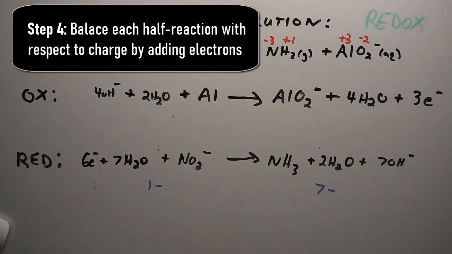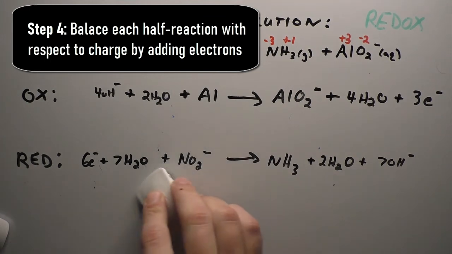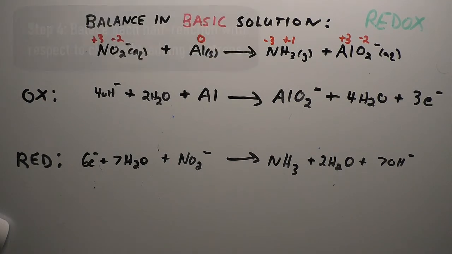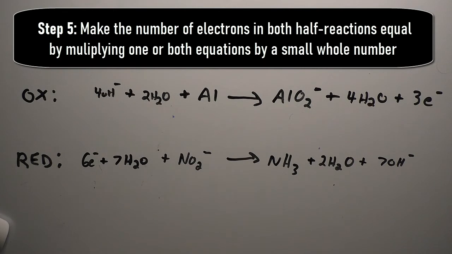So now both half reactions are balanced with respect to charge. So we're moving on to step 5. Now step 5 is to make the number of electrons in both half reactions equal by multiplying one or both of the half reactions by a small whole number, by some factor, right?